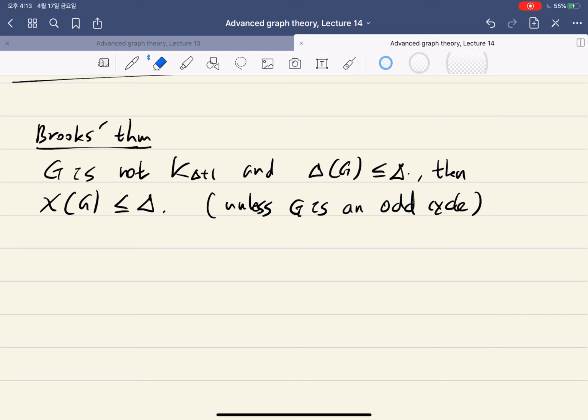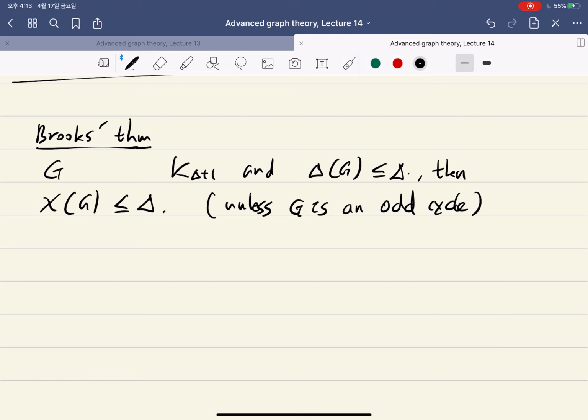So if you write it in a different way, of course here we have to say that G is connected. Did I write it in? Okay, sorry. So this is for connected ones.